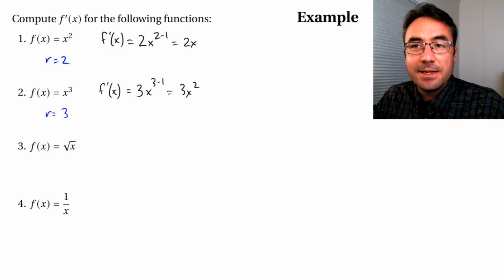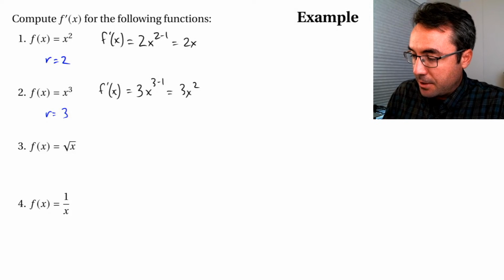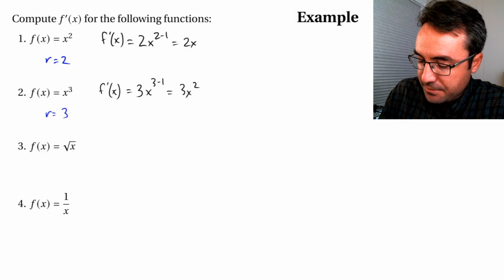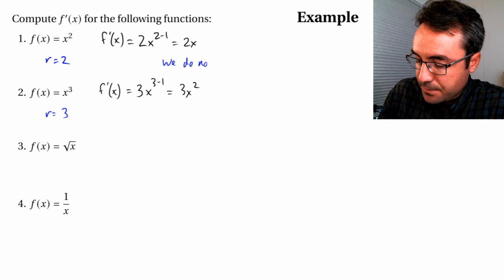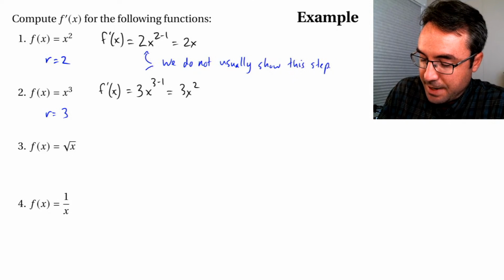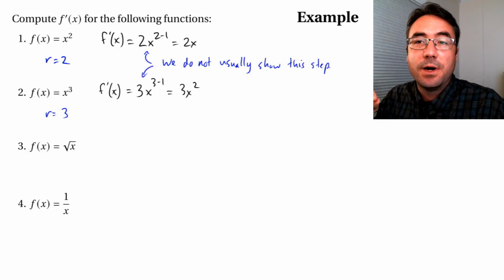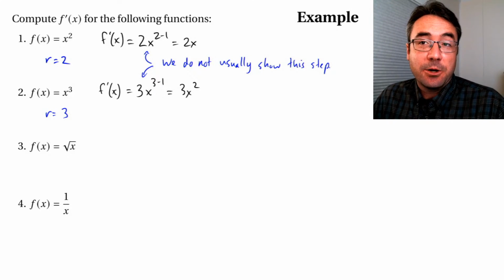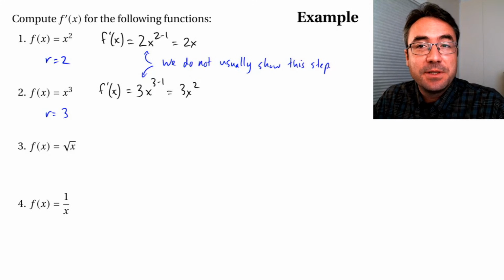Now, in practice, this is almost too much work. So this middle step here, once you get the hang of these, you're probably not going to be showing this. And I won't be showing it in lecture either. So this step here where we're actually showing the minus 1 up in the exponent, we're showing that here because this is really the first time we're using the power rule.